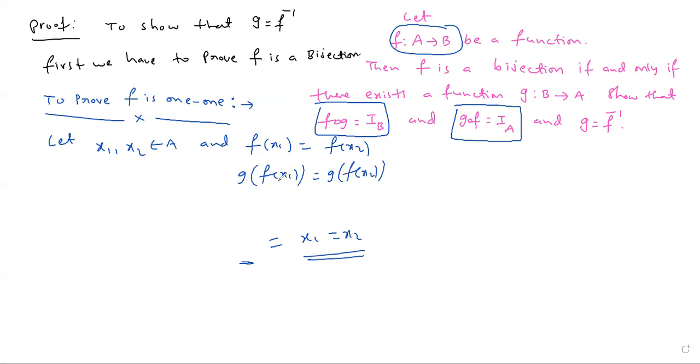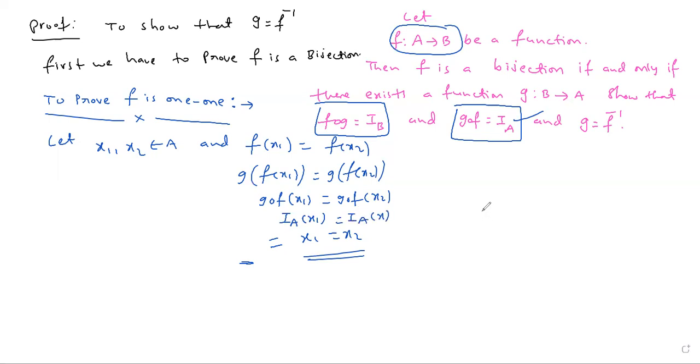So expanding G of f of x1, G circle f of x1 is equal to G circle f of x2. What is G circle f? IA, given. The theorem has given it, so use it neatly. IA of x1 is equal to IA of x2.